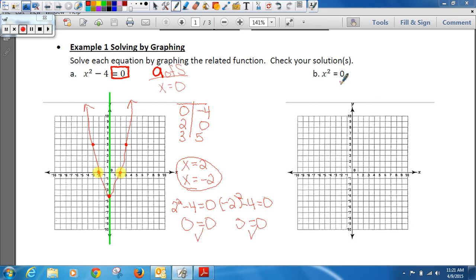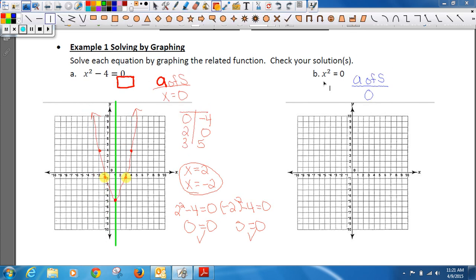Our next one is actually the parent quadratic function, because it's just x squared equals 0. Again, to graph, you are going to find the axis of symmetry. Negative b over 2a, I don't have a b, so I know my axis of symmetry again is going to be 0.